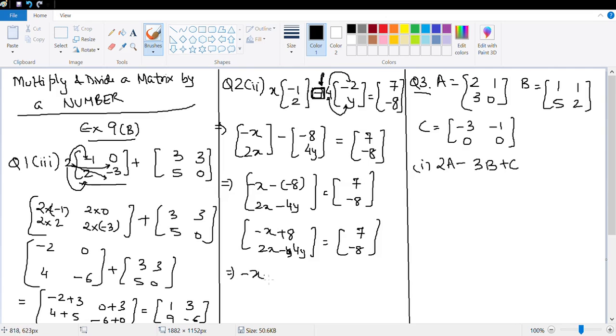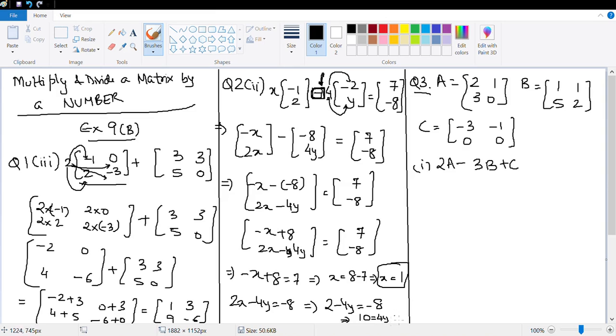Comparing, I get -x plus 8 is equal to 7, which means x is equal to 8 minus 7, which means x is equal to 1. Perfect. Let's look at the next part, which is 2x minus 4y is equal to -8. I know x is equal to 1, so 2 minus 4y is equal to -8, which means 2 plus 8, that's 10, is equal to 4y, which means y is equal to 2.5. That's my answer. Perfect.